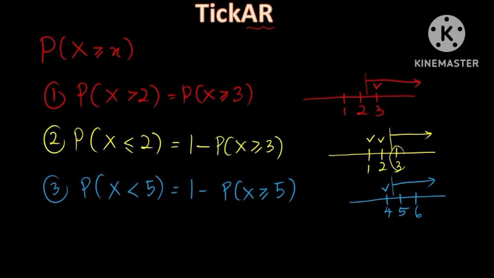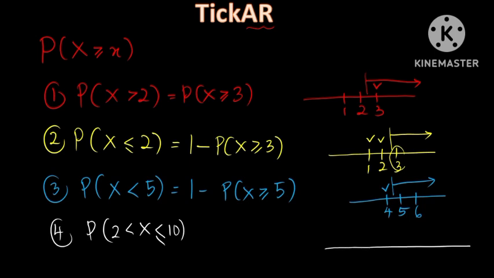Okay. Now for the last example, for between or from 2 values, let's see if we want to find the probability for x in between 2 and 10, but 10 is included. Now we draw the number line, but for the number line here, we have 2 parts because we have 2 values. The first part is 2, the second part is 10.